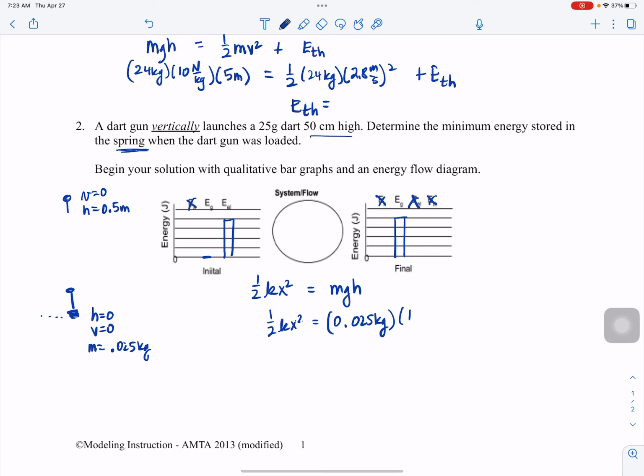G, 10 newtons per kilogram or meters per second squared. And then h is 0.5 meters. Whatever answer I get here is what I'm looking for. I'm not going to give you the answer because there are people who have not taken the quiz, but you solve for that, just simple math that you plug into it, and that is the correct answer.